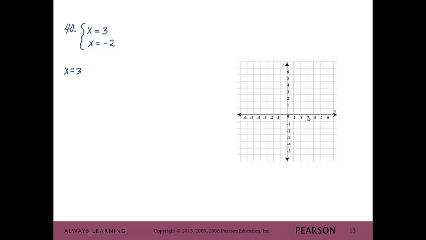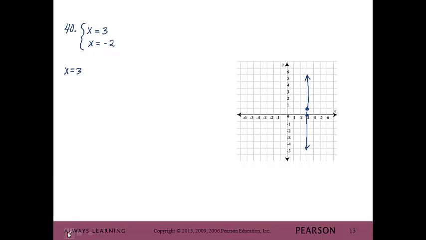So if you wanted to, you can put a point where x is 3. Then pick another point, but make sure that you keep x to be 3. Y can be anything. So I can put a point here, and we're going to connect. And this is the vertical line, x equals 3.